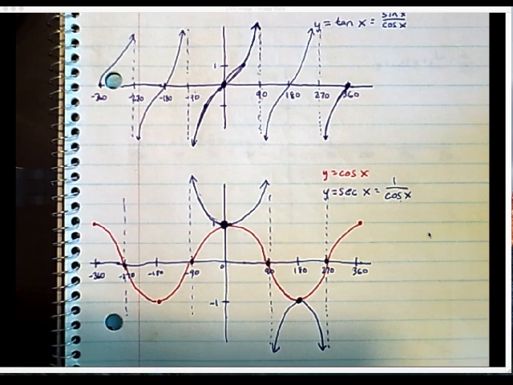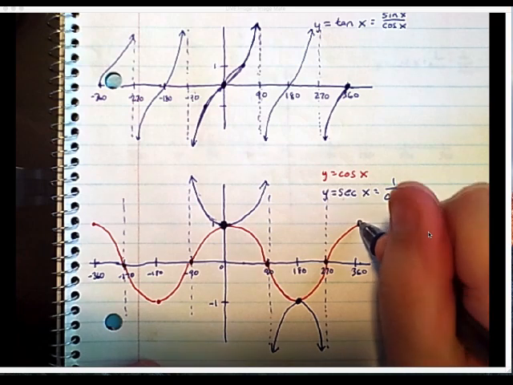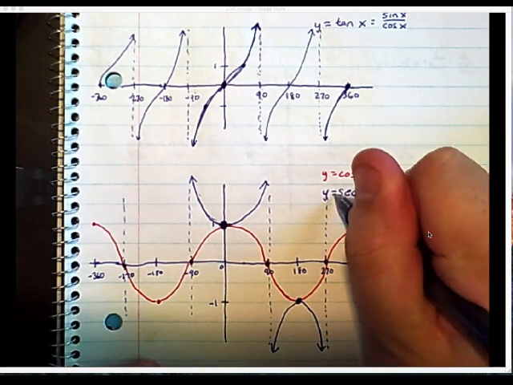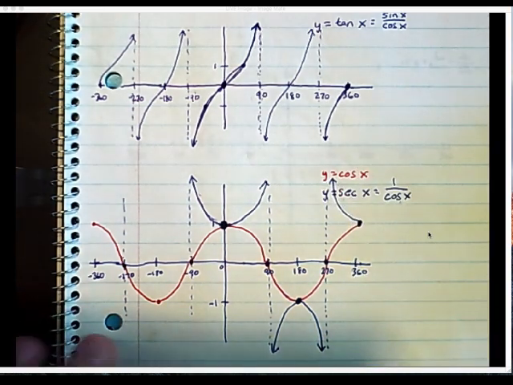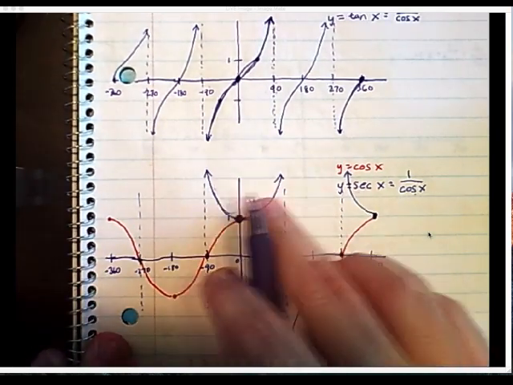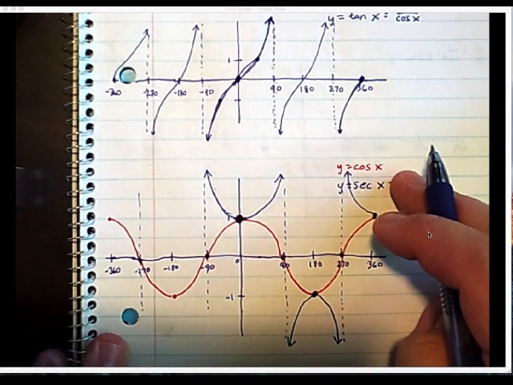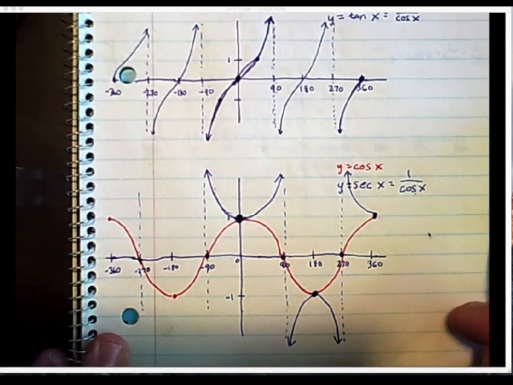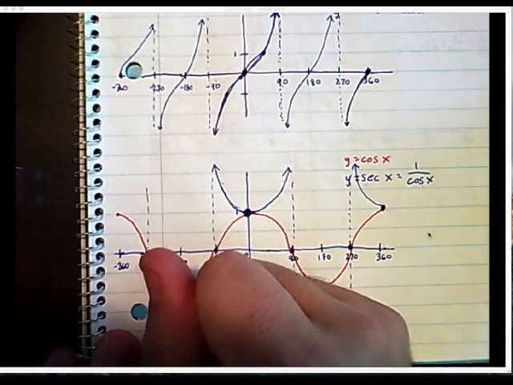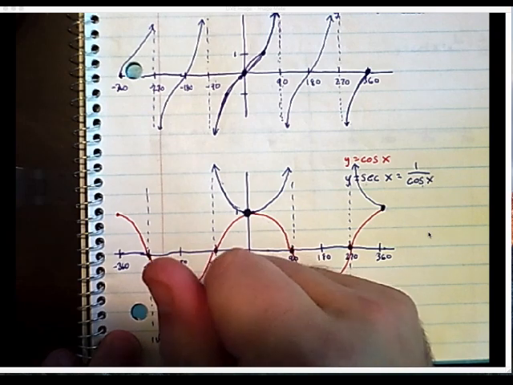So this secant graph, if you kept doing this over and over, you basically get a whole bunch of U's. You get alternating U's. You have one go up, then one go down. Then the next part will go up, and if you kept going, the next part would go down. Over here, it would be going down.